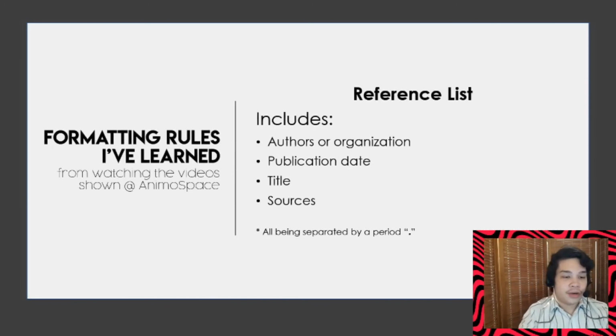For number three, the formatting rules I have learned from watching the videos shown in Animo Space. The videos are about APA documentation, and I've learned about the reference lists, the format of which includes authors or organization, publication date, title, and sources. All of these are separated by a period.